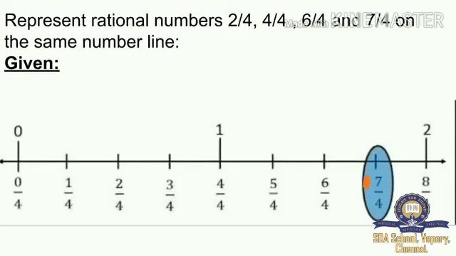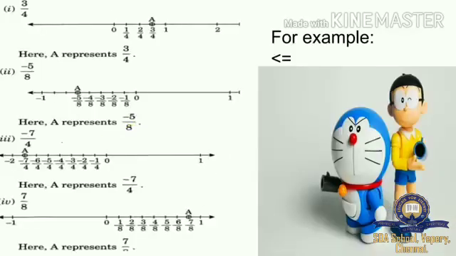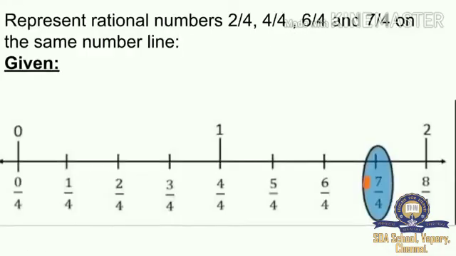So we go like this: 1 by 4, 2 by 4, 3 by 4. The first value, 2 by 4, is in this place, so we represent it as A.